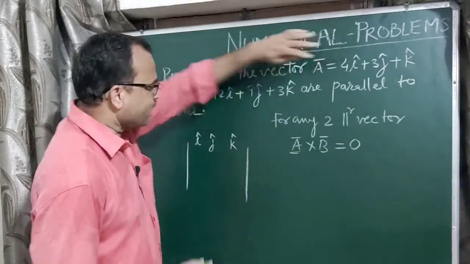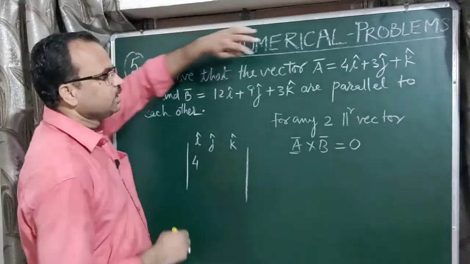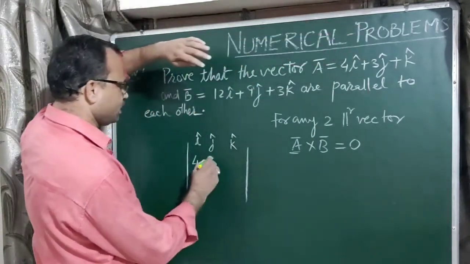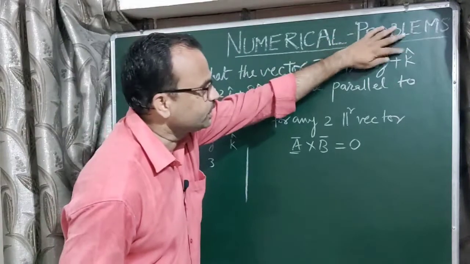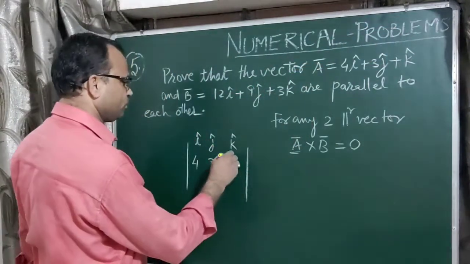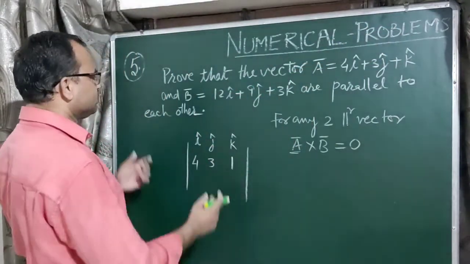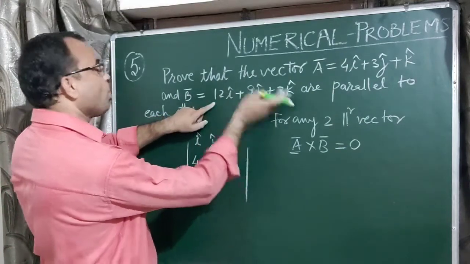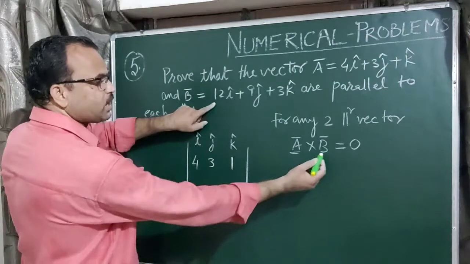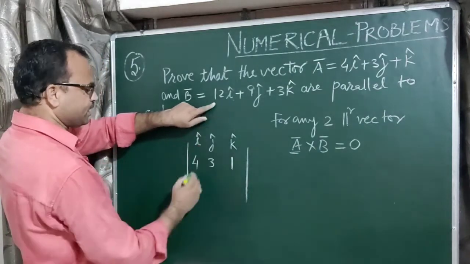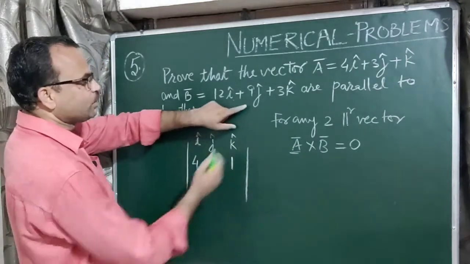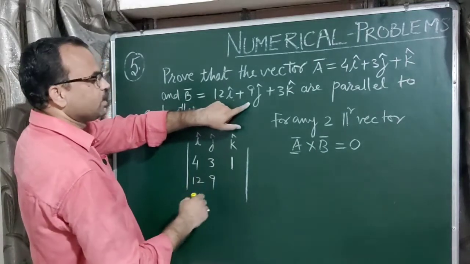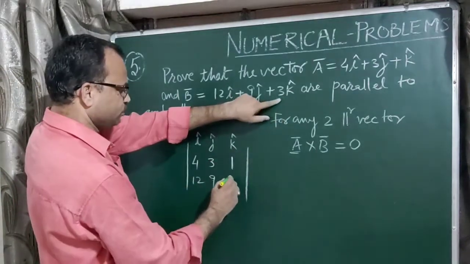The coefficient of i cap is 4, then the coefficient of j is 3, and the coefficient of k is only 1. Similarly we write the coefficients of B vector: 12 for i cap, 9 for j, and 3 for k.